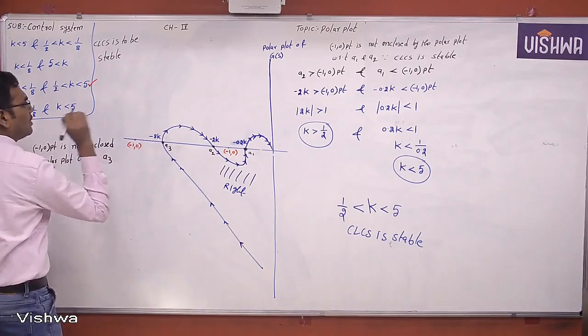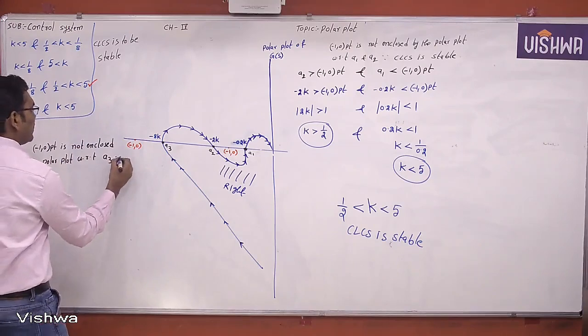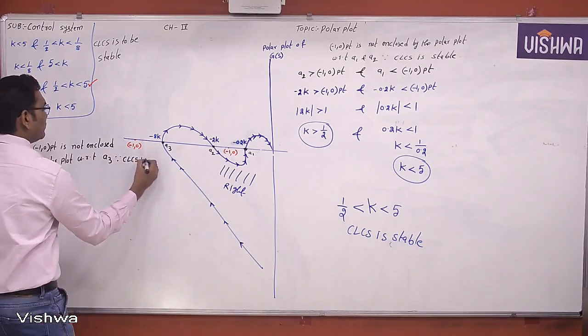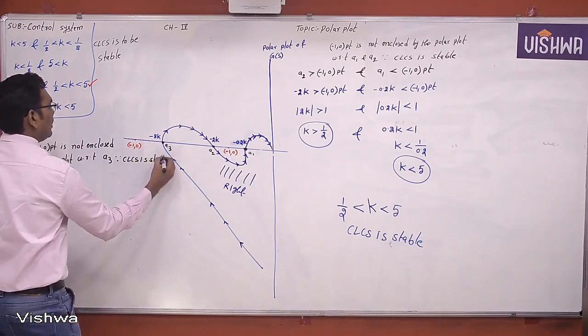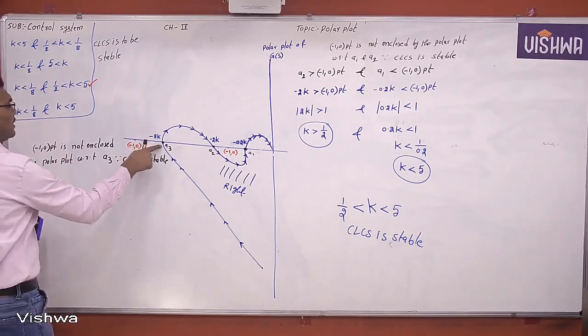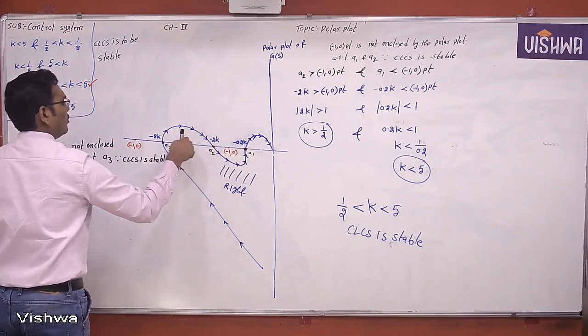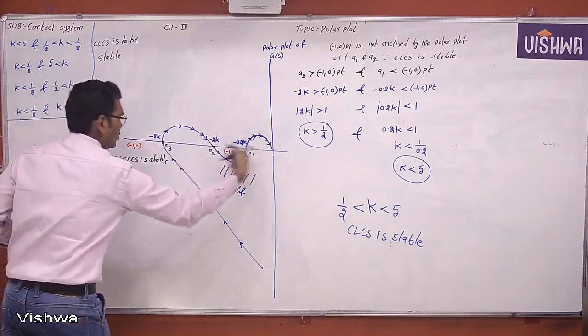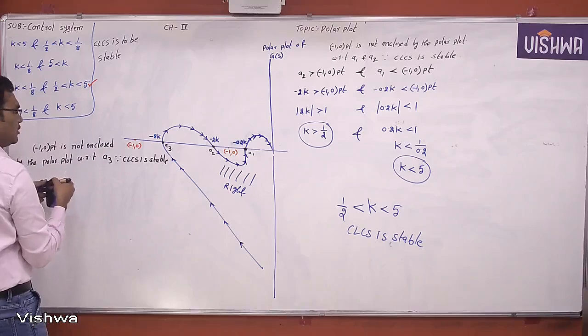Now, if the -1 comma 0 point is here, then the closed loop control system is stable. I want the stable condition only, because he is asking the condition. Therefore, this is A3, lowest to highest, right? What is the relation between these two?